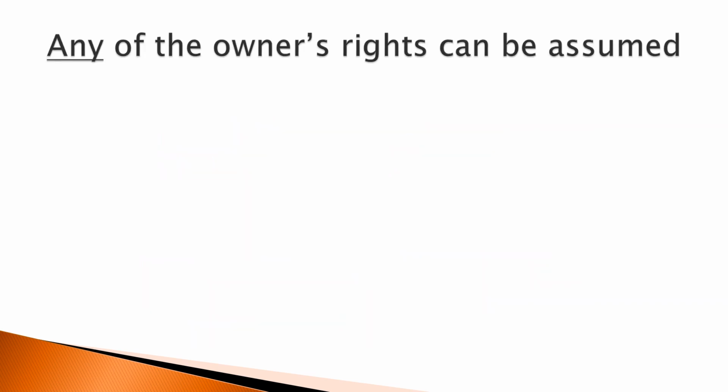Now, assuming the rights of the owner is really wide, and the case of Morris, which is the leading case here, says that a defendant can assume any of the rights of the owner. They don't have to assume all of what an owner would do with their property. So they only have to do one thing, if you like.